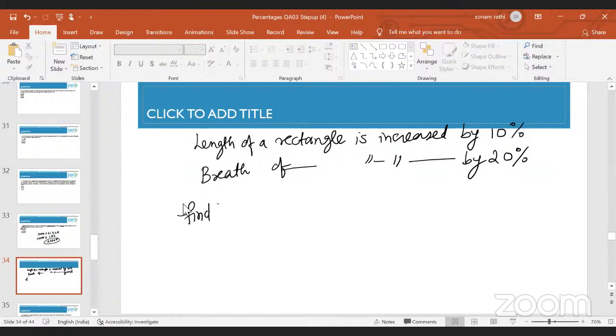Find the percentage increase in area. Okay, I'll explain it to you, but first you try to do this question. Length of a rectangle is increased by 10%, breadth is increased by 20%. Find the percentage increase in area. Okay, I'll be back in a minute. Try to do this question.